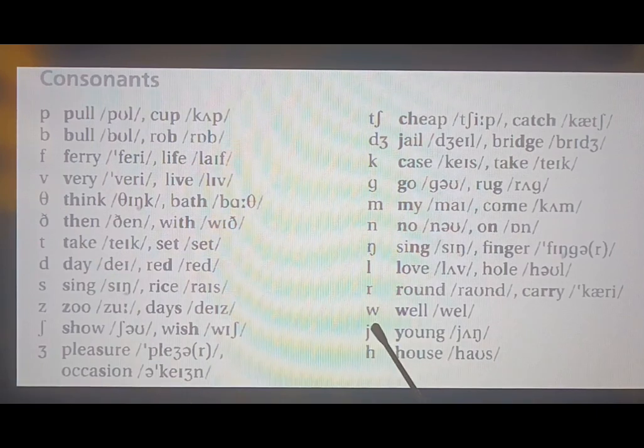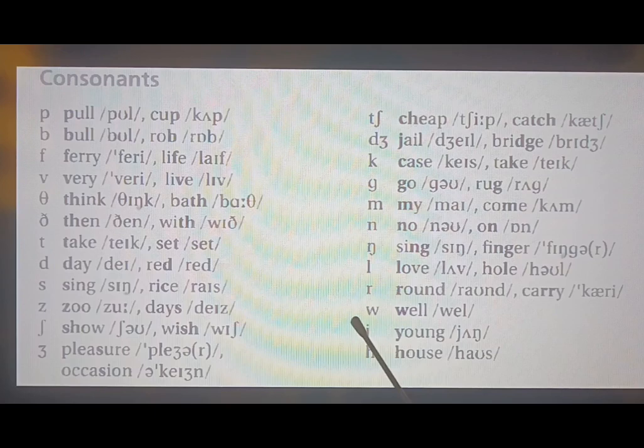But this w sound is the result of the lips circling or rounding, all right? Like a circle. When you somehow round your lips without the touch of any teeth, this sound is produced or articulated like well. So be very careful when you pronounce it very well, okay?